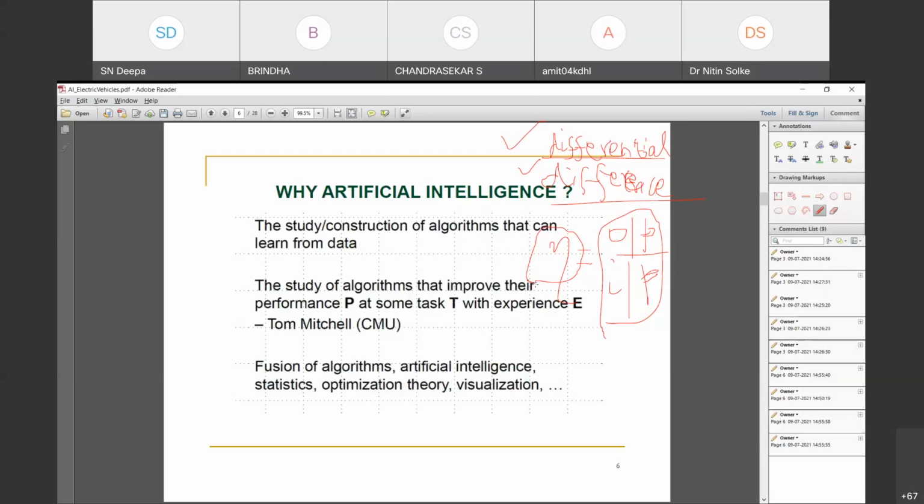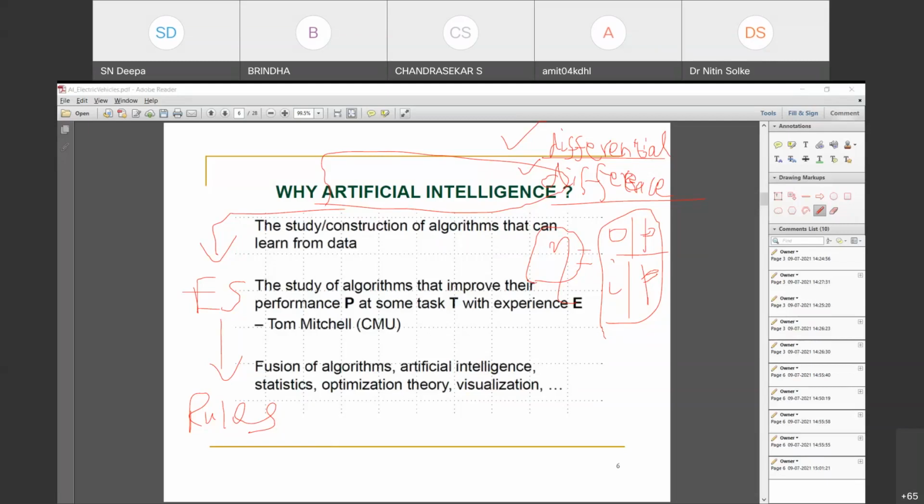But in relation to electric vehicles, artificial intelligence mostly focuses on expert systems via rules, to design the software module or the program module of EVs.